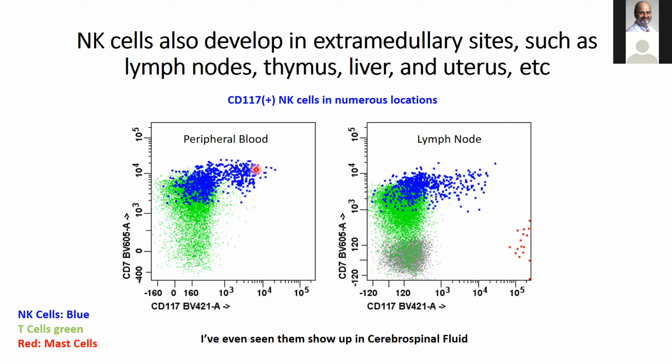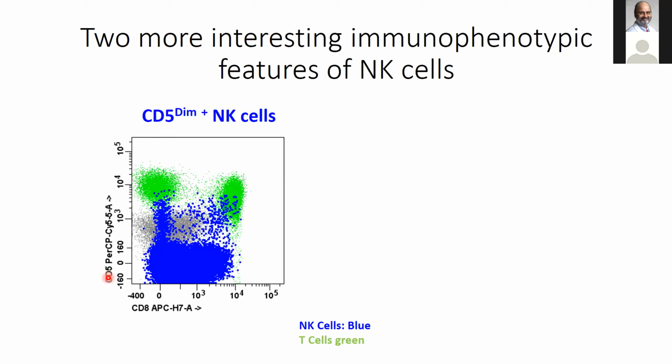Okay, there's a couple more interesting immunophenotypic features of NK cells that people should realize do happen. One of them is the CD5. I mentioned earlier I was going to bring up CD5 again in NK cells. Traditionally we think of NK cells as CD5 negative, but the reality is that there are little subsets of NK cells that do express CD5.